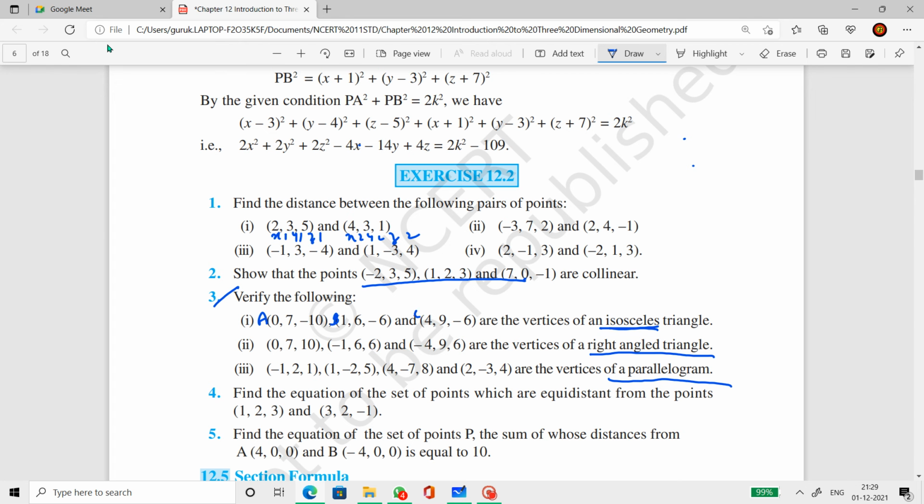Before that, name the points as A, B, and C, or as you want. If any two distances out of the three are equal, then it's an isosceles triangle. The third one, it's a right angle triangle. So find the length of three sides, and use Pythagoras theorem.